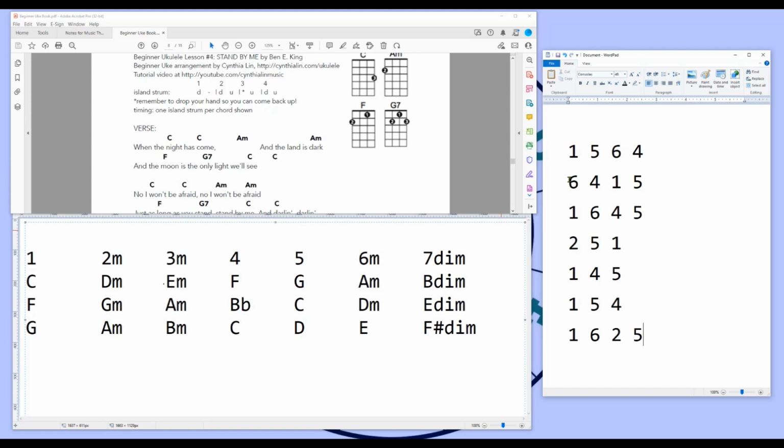So A minor, F, C, G. This one would be C, A minor, F, and G.